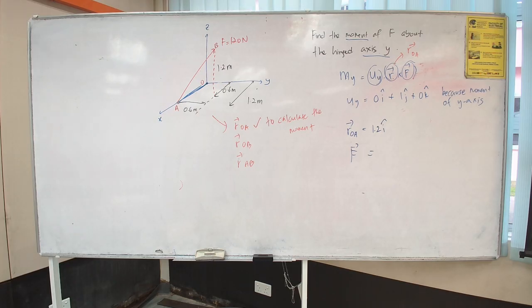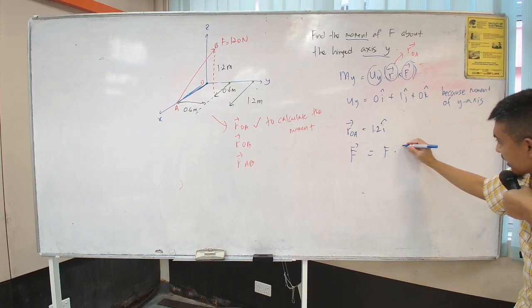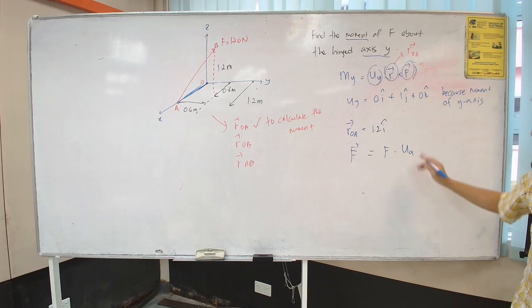For the first example, given the angle, you just use 200 cos 45, so easy. However, in this case, is there any angle given? No. So you need to use the position vector formula, which is F multiplied with the unit vector.